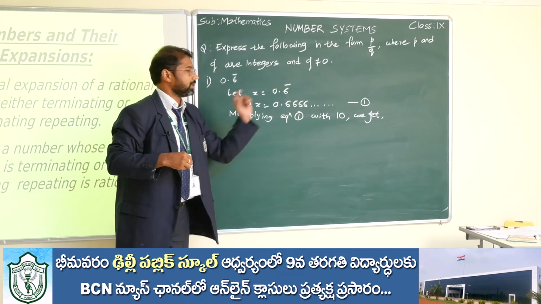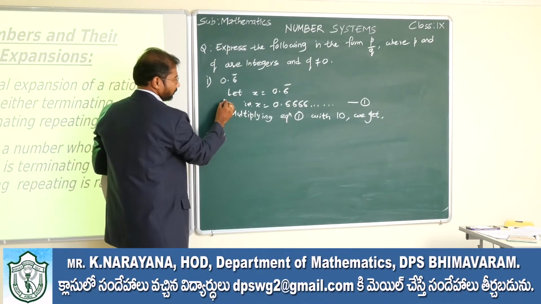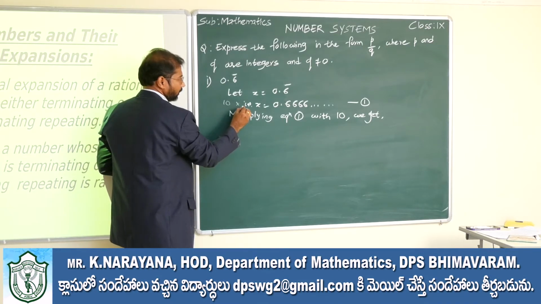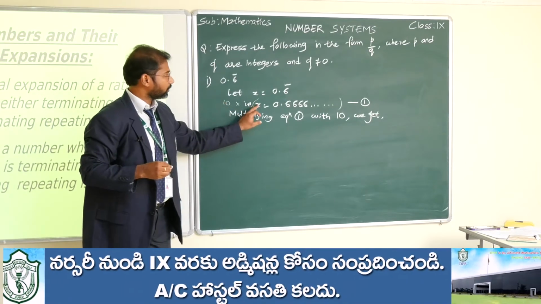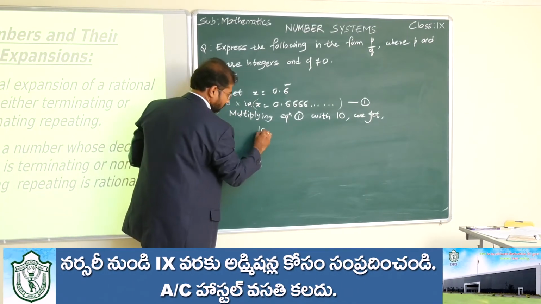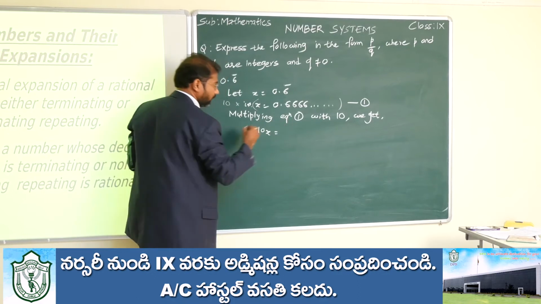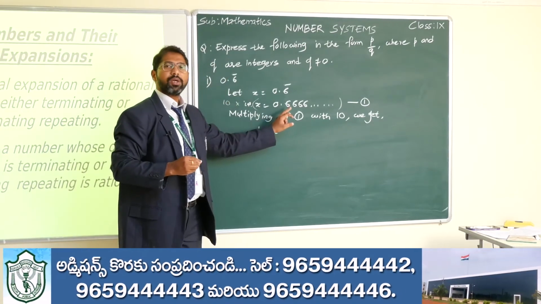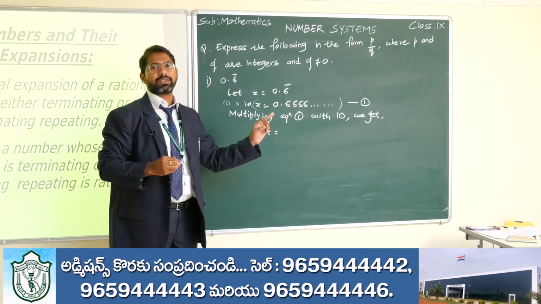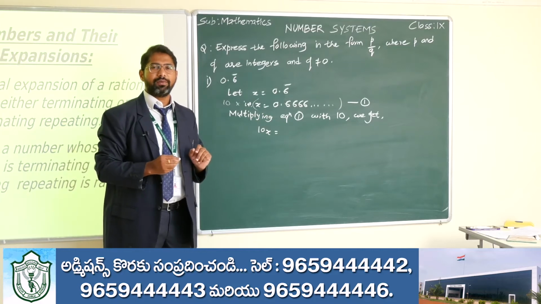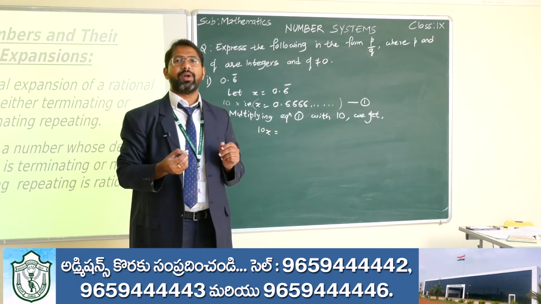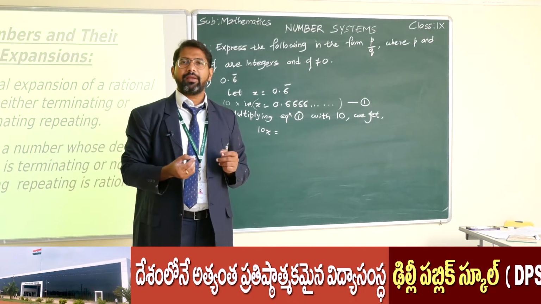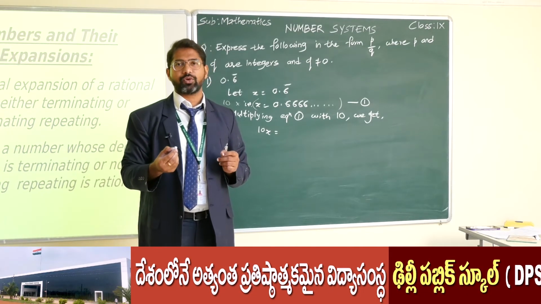So on both the sides, here you can just imagine 10 into x is 10x, which is equal to 10 into 0.6666... Already you have learned under the topic decimals, whenever you multiply a decimal with 10, 100, 1000 and so on.